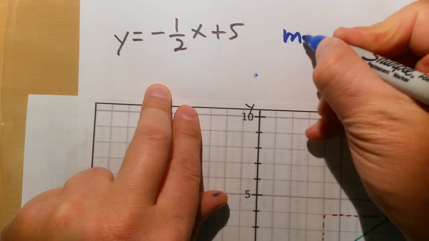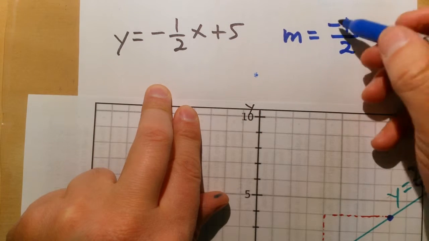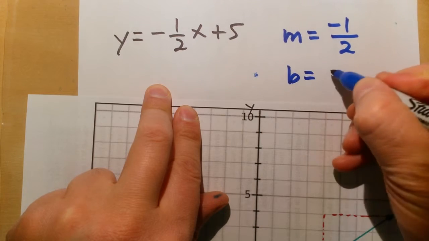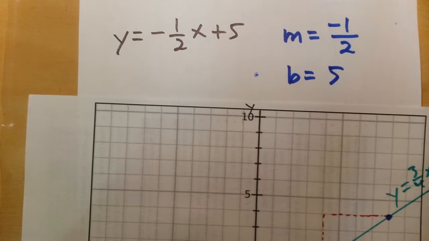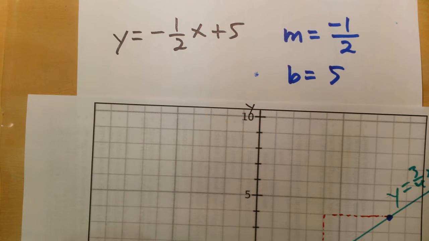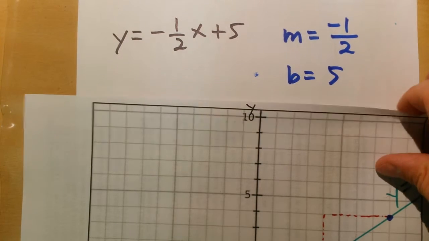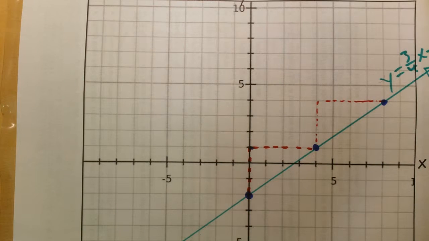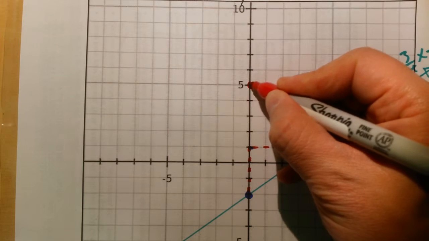So our slope is -1/2, which is the same as saying 1 over -2, and our y-intercept would be +5. So let's use the same grid as our previous example. We're going to do the same thing. We're going to first plot our y-intercept. In this case it happens to be 5, so we look at our grid and plot it.